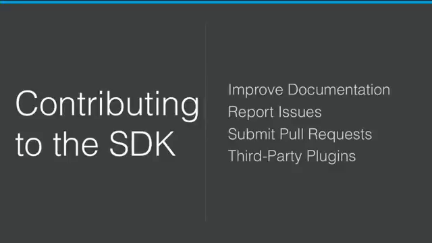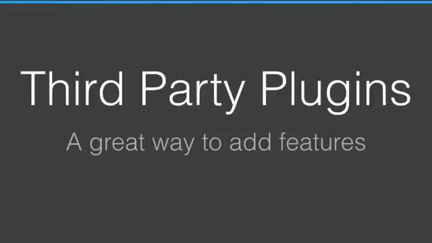And finally, if you're writing something that you think is a little larger and might not belong in the core SDK, or you don't want to go through the trouble, you can also write a third-party plugin. Third-party plugins are a great way to add features to the SDK, like helper methods and high-level abstractions over DynamoDB.